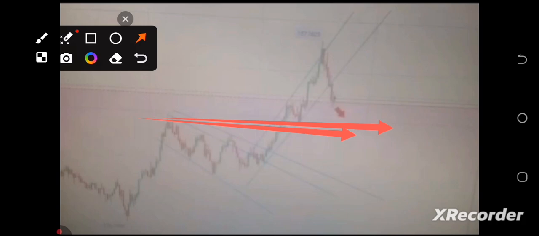After the market broke this level, you can see it used it as support and continued its uptrend. Now there is another level here. The market broke this particular level. You can see the breakout. Now these sellers have hit this support level again. It will go up.